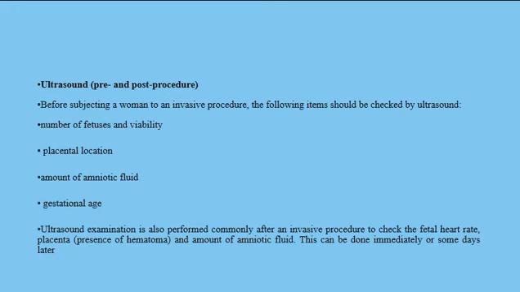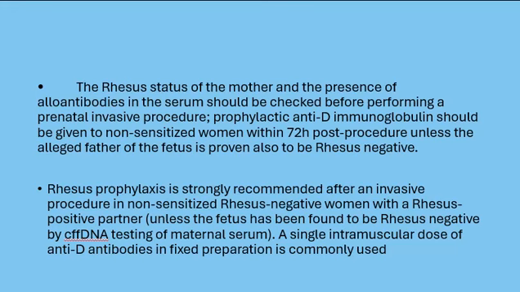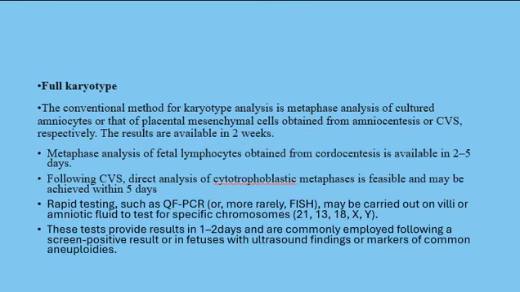Karyotyping. Mosaicism. A mosaic is a person with a combination of 2 cell lines with different karyotypes, normal and abnormal. An example would be a Turner's mosaic, with a 45,X/46,XX karyotype, with some cells having the abnormal karyotype and some cells having a normal karyotype.